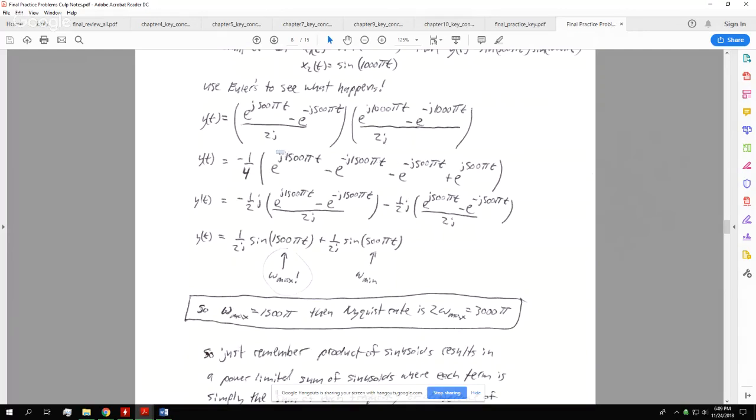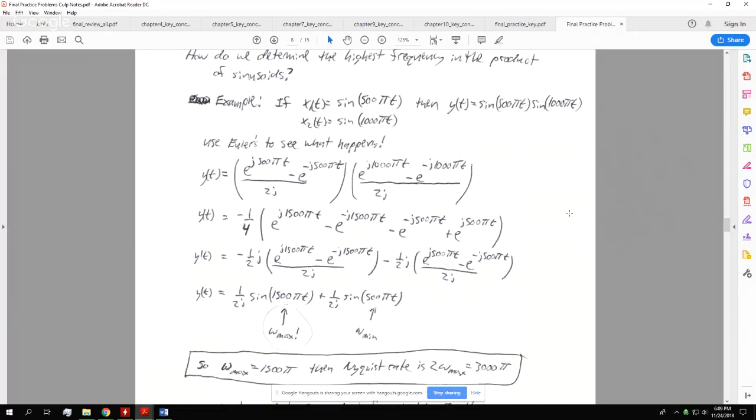So you can see that 1500, or wait, I skipped a step. I'm sorry, I messed this up. What this came from is actually just this times this. So we have the first term times the first term, the first term times the second term, and the second term times the second term. That's where this came from.